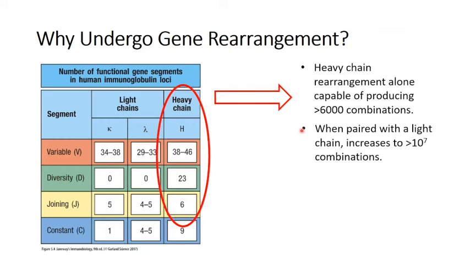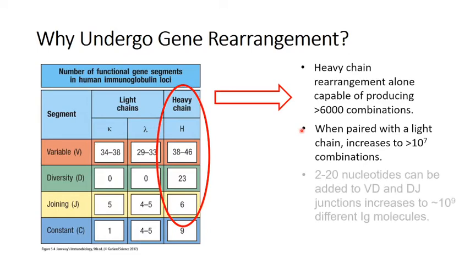If you do the same thing with the light chain and multiply those together, we get over 10 to the 7 different combinations. And you can get more than that. I haven't gone into the molecular details yet, but when the antigen receptor undergoes rearrangement, extra nucleotides can be added to the junctional regions. Between 2 and 20 extra nucleotides can be added to the VD and the DJ junction.